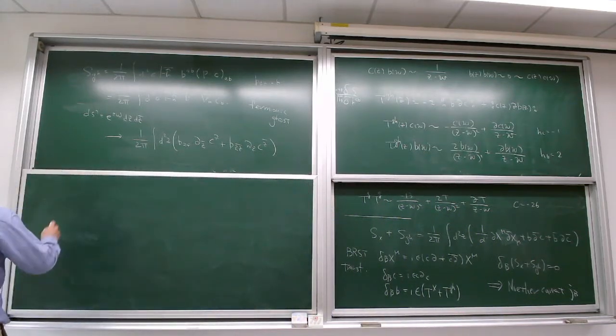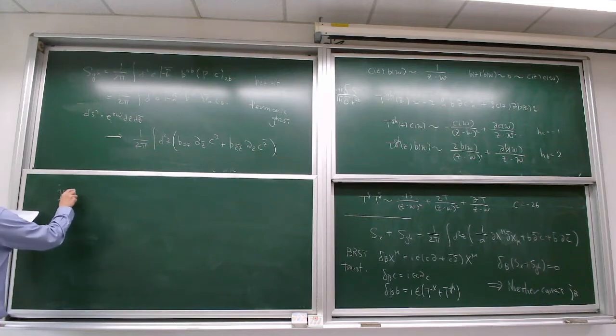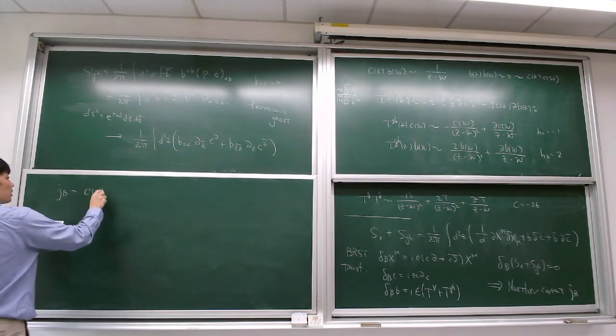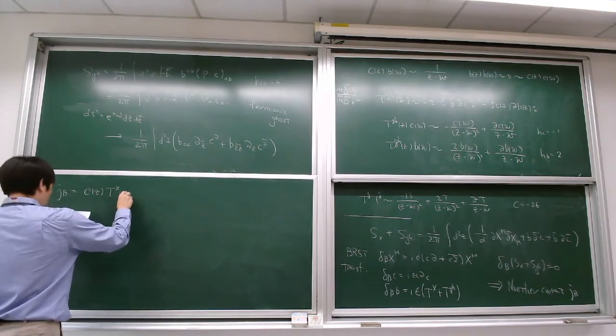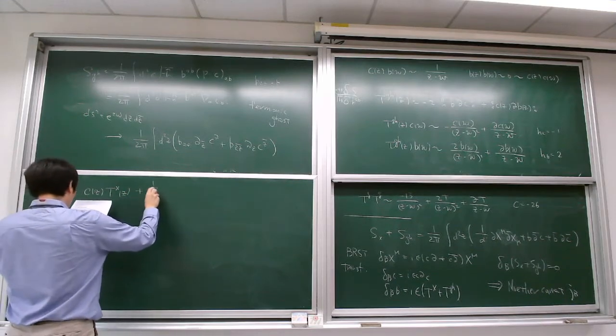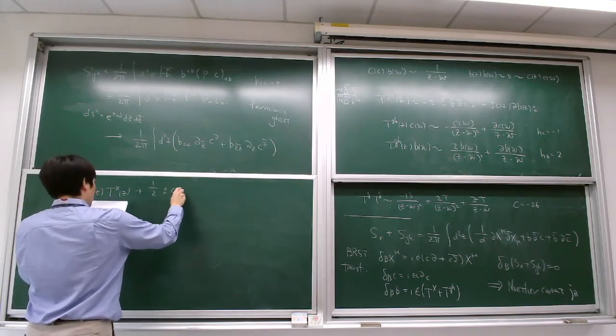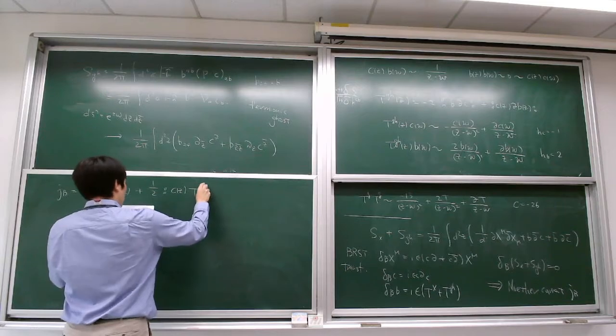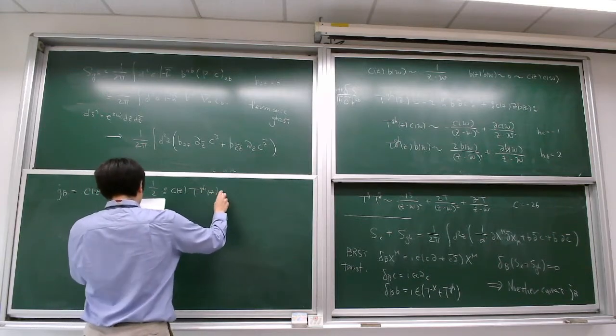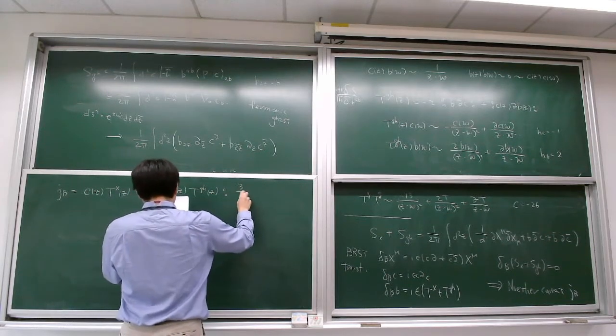So jB is c T of z, so it's tedious, but you can kind of guess the form. Ghost and z, 3 over 2.